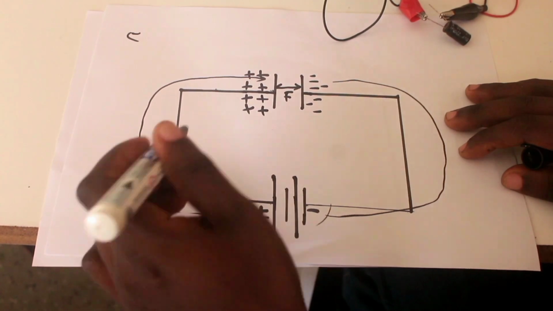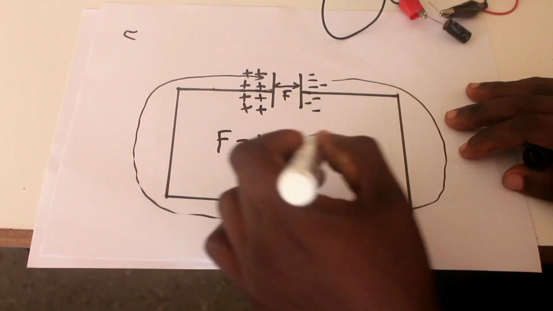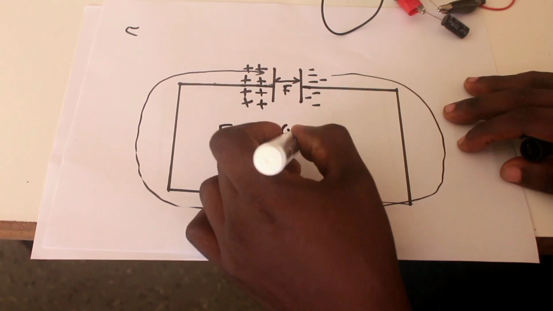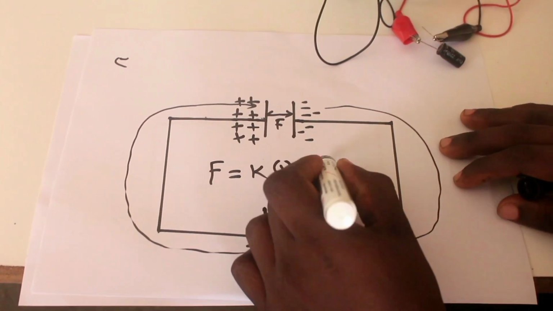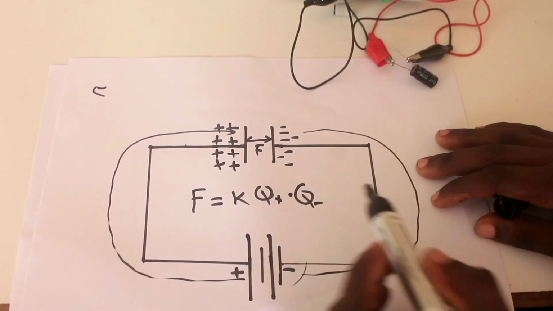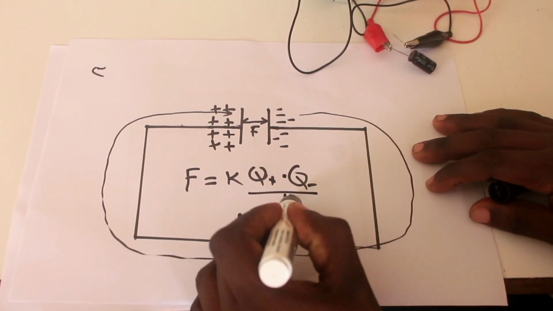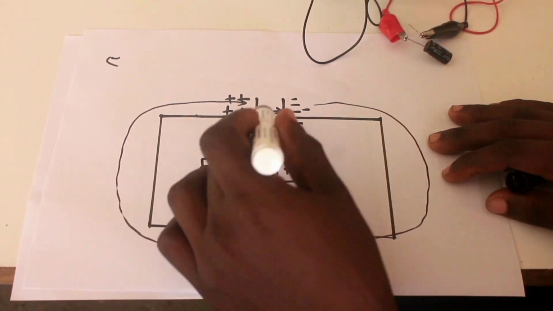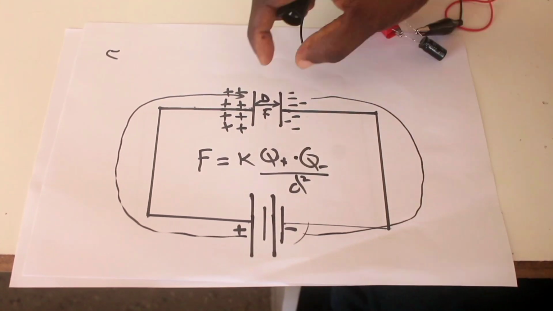According to Coulomb's law, the electric force F will be given by a constant K, times Q plus, which is the positive charge, times Q minus, which is the negative charge, over D squared, where D is the distance separating these two plates.